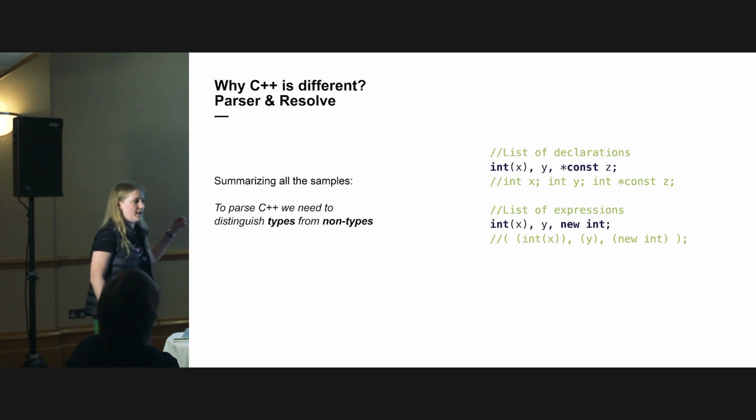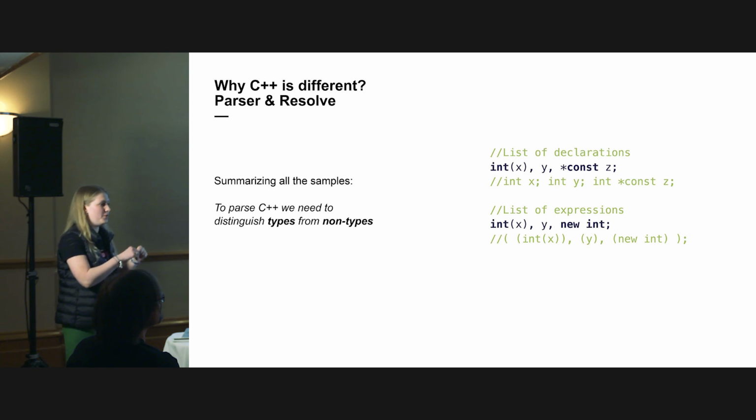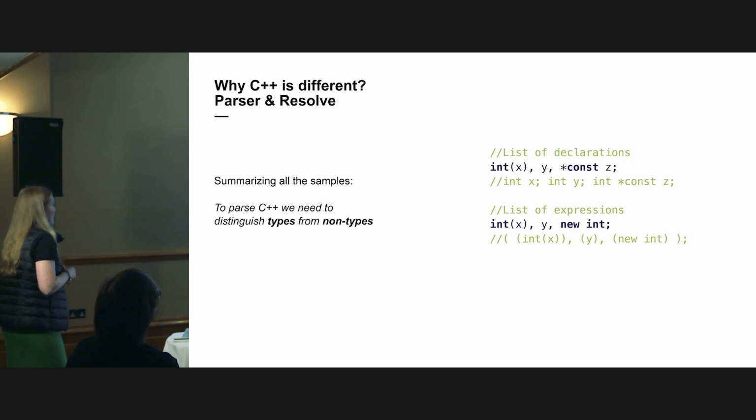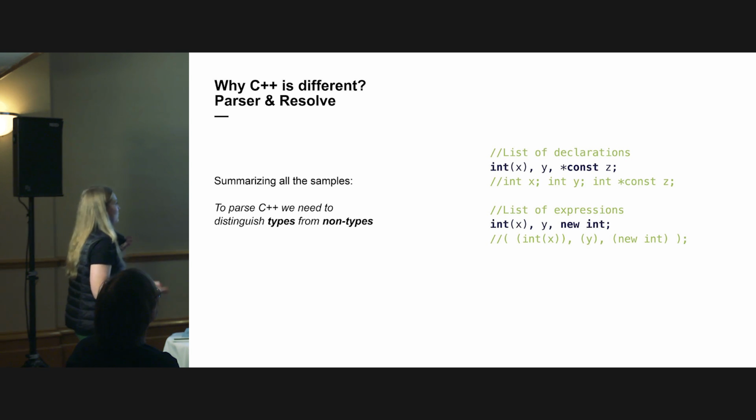So you need to understand if what you see is a type or not, and that affects all the following parsing. There is also this very nice example that I took from a PhD about C++. The first line in the example is a list of declarations, and the second one is a list of expressions.